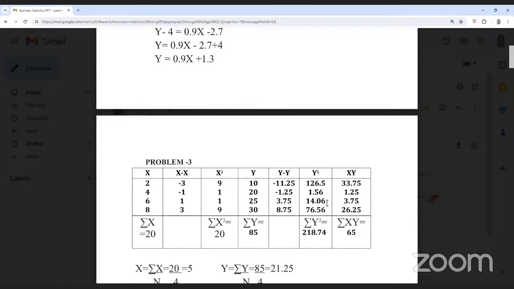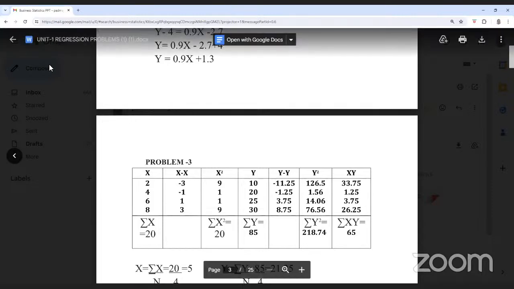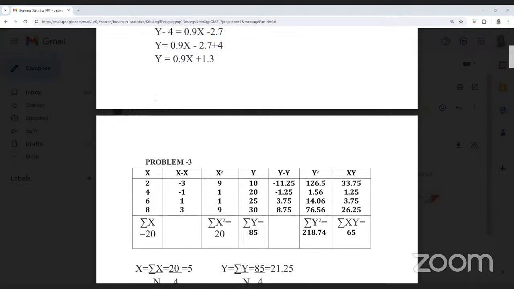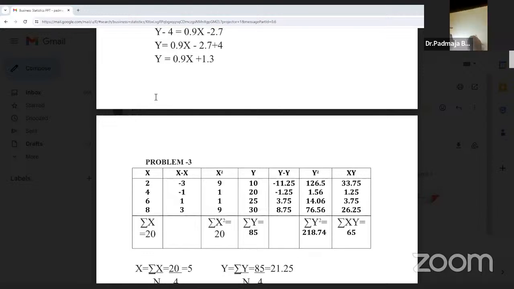Regression. Take down the third problem.